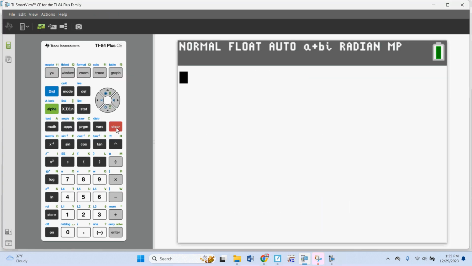Now, let's look at a way we can make this go quicker by using our calculator. Okay, so here's how we're going to do this on the calculator. We're going to use the answer button. So we're going to start off by putting our initial value in, 2.5.